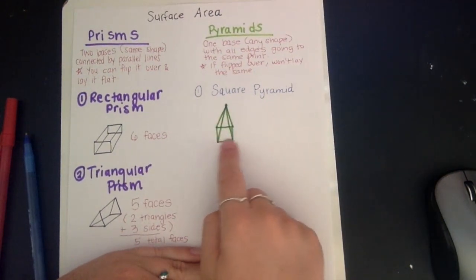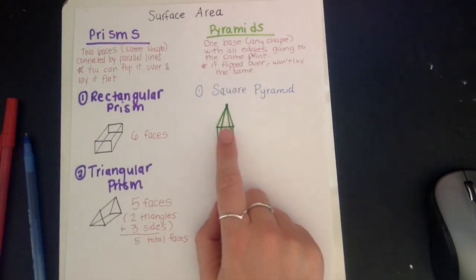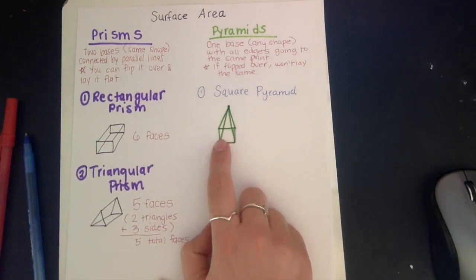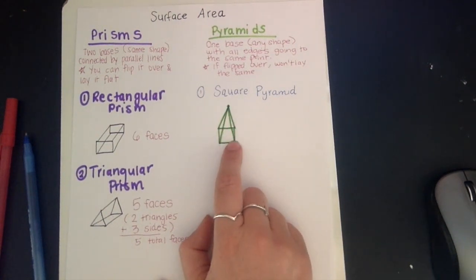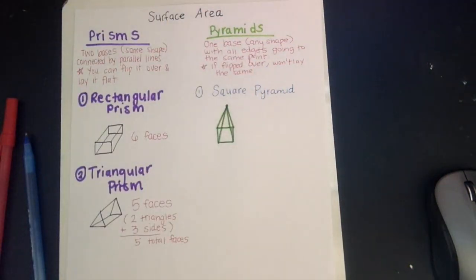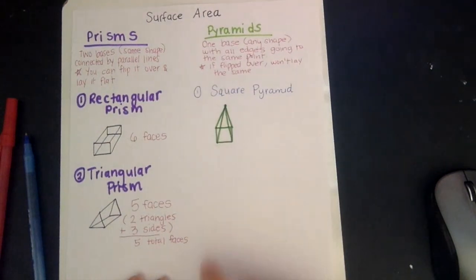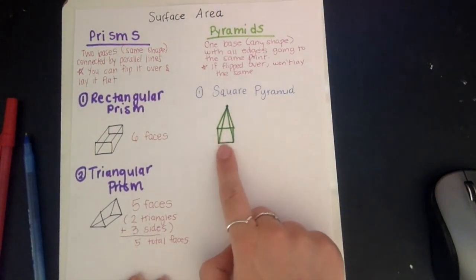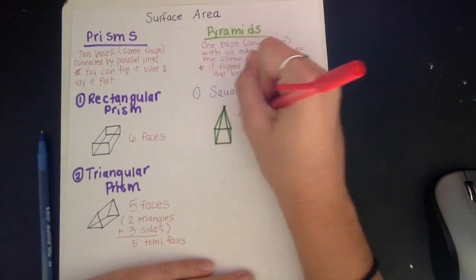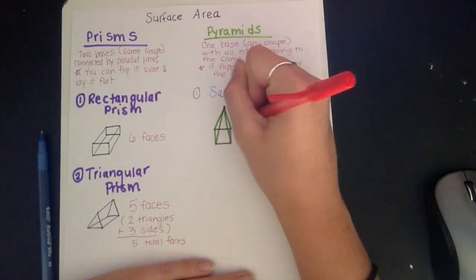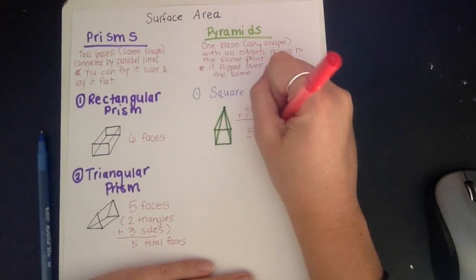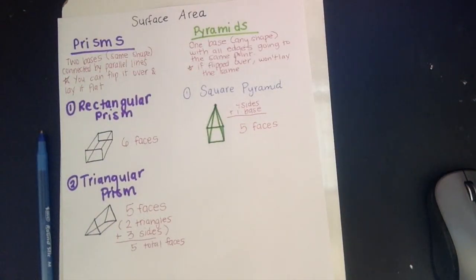I know that my base is going to be a square. And if I'm thinking about how many faces are going to be in a square pyramid, well, I know I have my bottom base. And since a square has 4 sides, every single side of my square has a side going up to my point. So that's 4 sides going around plus the bottom side, which is my base. So four sides plus 1 square base is equal to 5 faces. So a square pyramid has 5 faces.